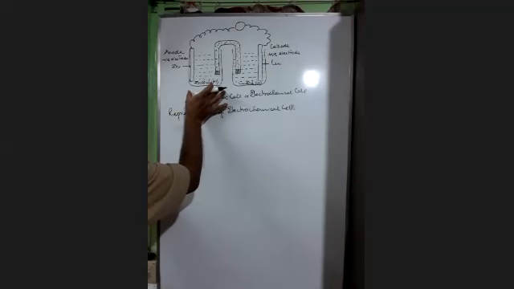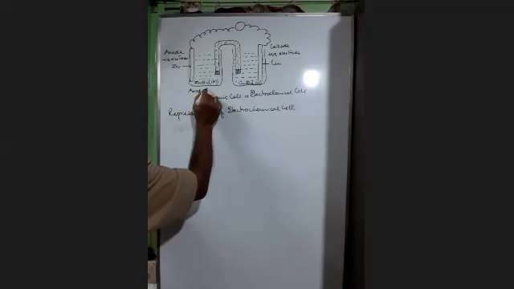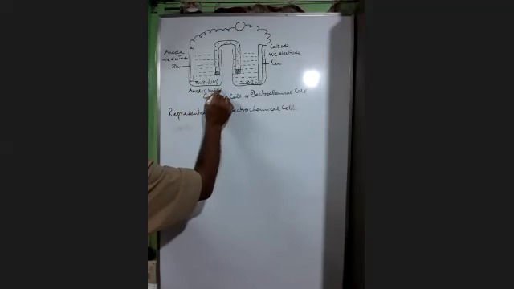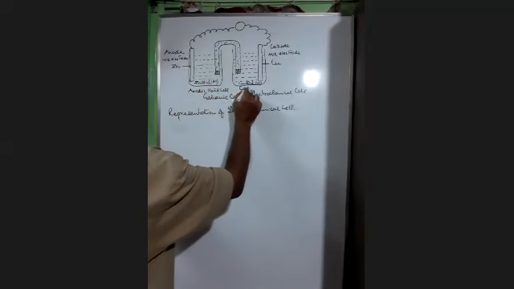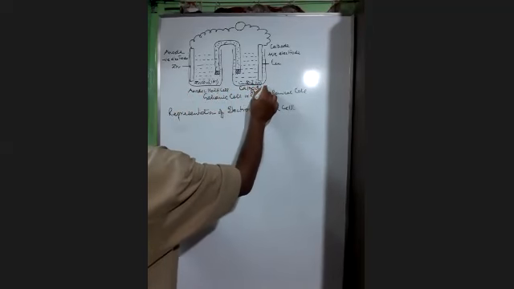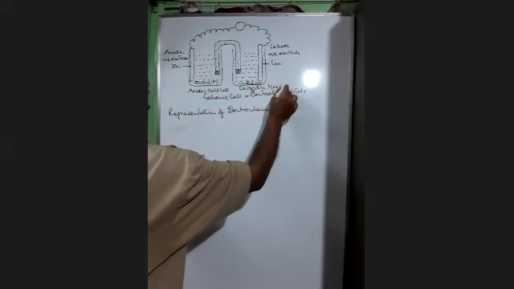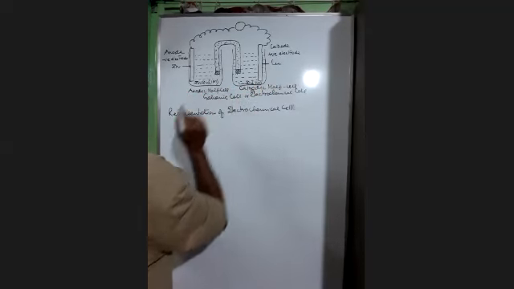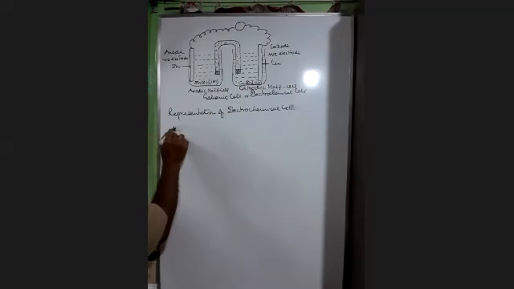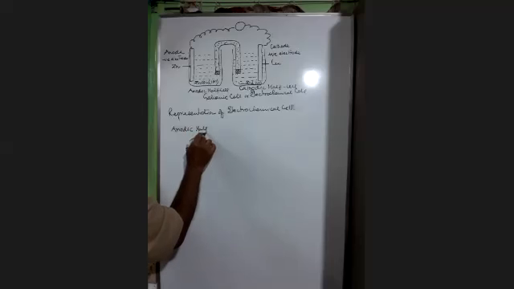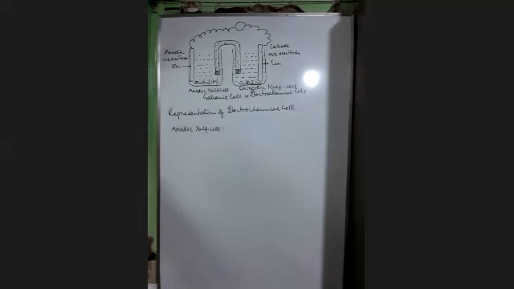How to represent this, we know. This is the anodic half cell, and this is the cathodic half cell. So how to represent the anodic half cell? We write from right to left.